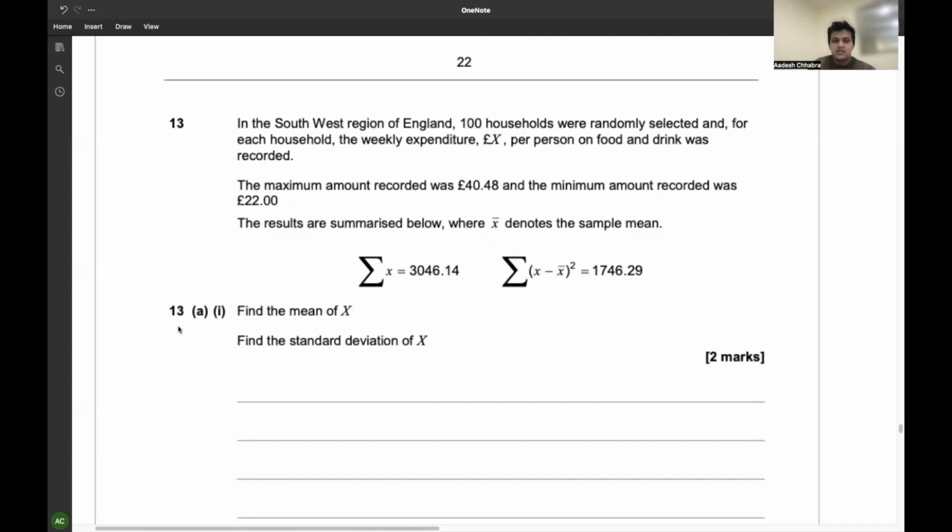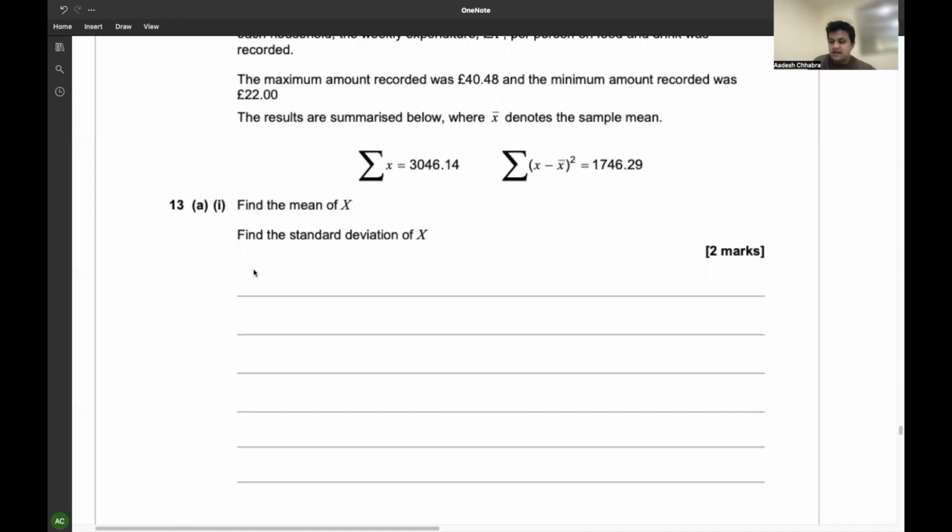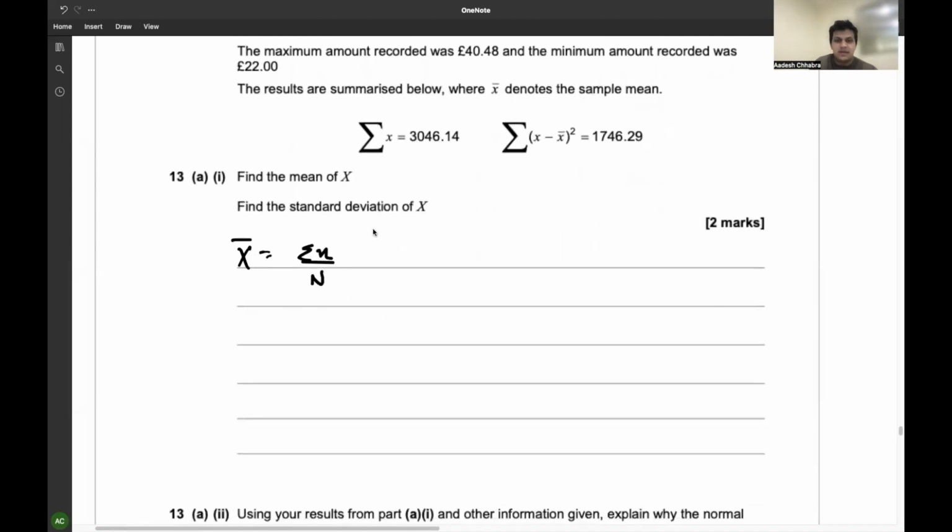Now, in question 13A, we've been asked to first find the mean and standard deviation. So this is fairly simple. We know that the mean of X is just equal to the sum of X upon the number N, the number of households that have been included in the study. And this is just equal to 3046.14 by 100, which is 30.46.